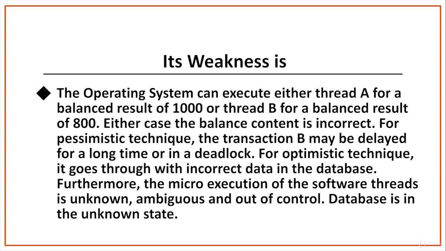For the pessimistic technique, transaction B may be delayed for a long time or in a deadlock. For the optimistic technique, it goes through with incorrect data in the database. Furthermore, the micro-execution of the software threads is unknown, ambiguous, and out of control. Database is in the unknown state.